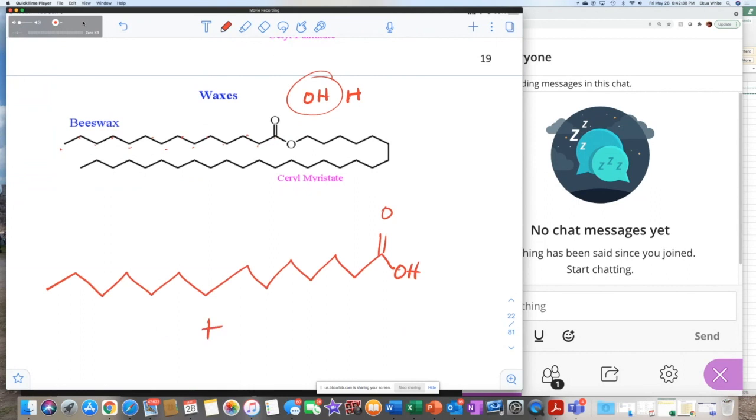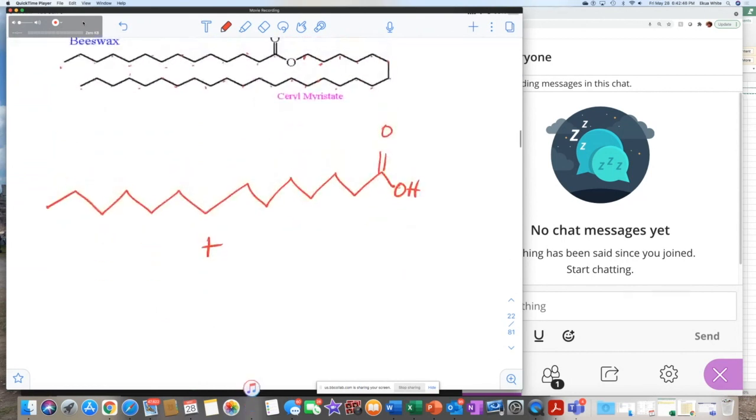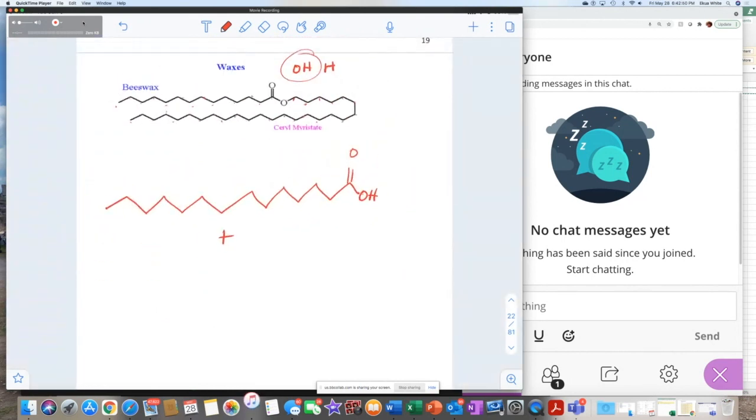Plus on the bottom I have 26 carbons. Okay, how do I do this? My drawings are horrible. This looks like something went wrong.